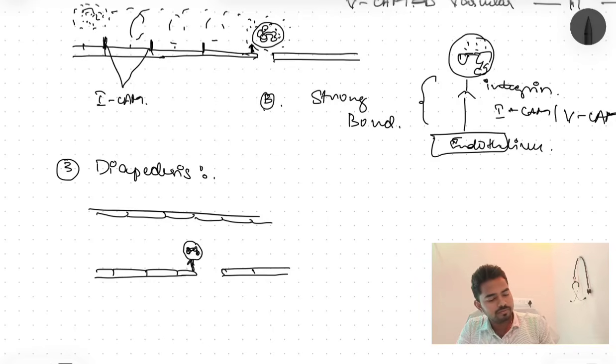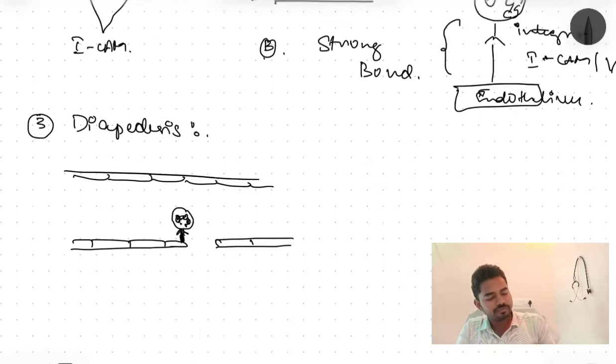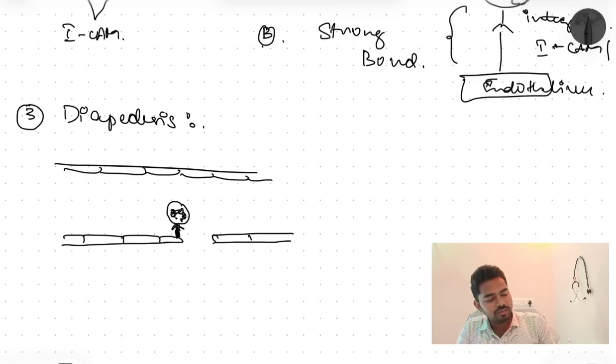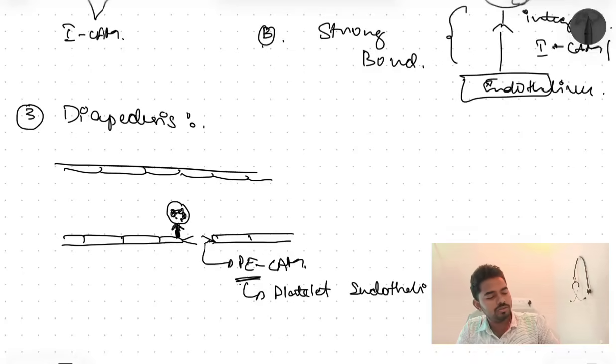What is this protein? Yes, it is ICAM or VCAM. Now there is another molecule called PECAM. What is this PE? PE is platelet endothelial cell adhesion molecule. Okay.